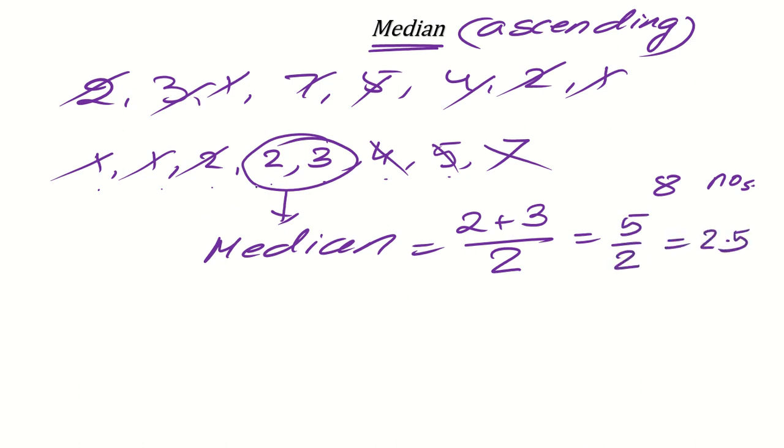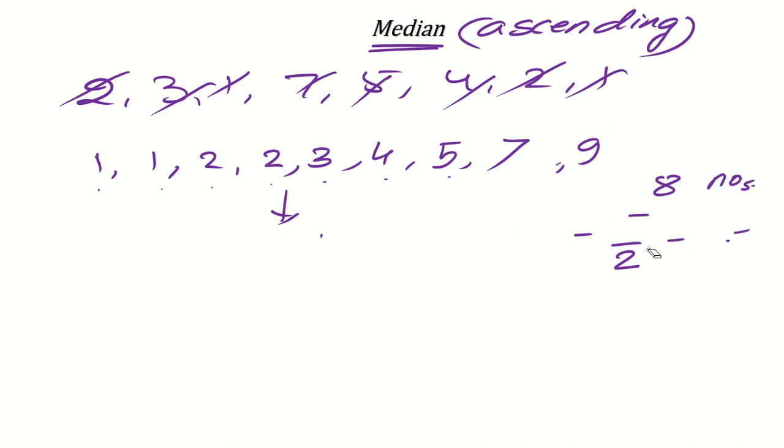Okay, now if you have one more number, for example, say I take 9 also, then what will happen? Then in between you will have only one number. Yes or no? Okay, this was 5, this is 7. Now after this you have 9 numbers. So if you have 9, meaning an odd count, then in between you will have only one number.